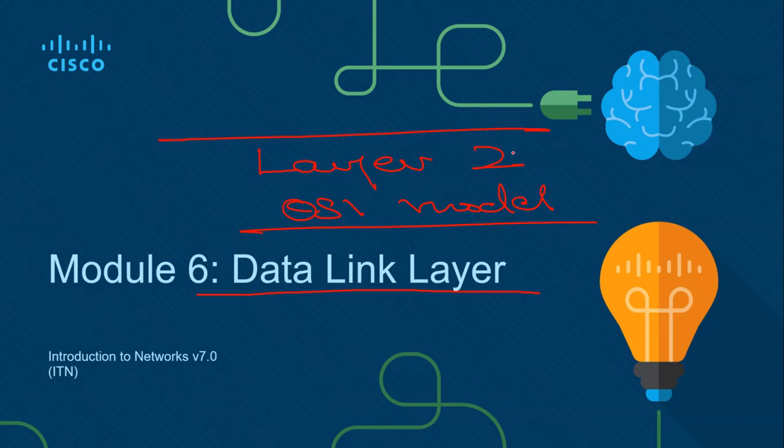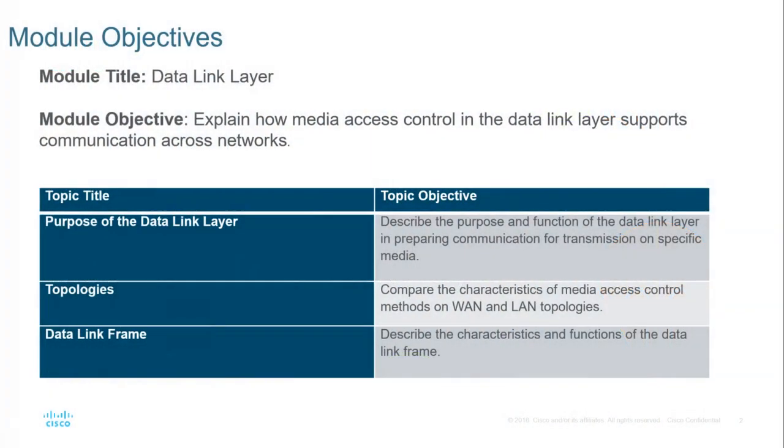Previously we looked at the physical layer, which was layer 1. Now this is layer 2, which is the data link layer under the OSI model. So the topics to cover: purpose of the data link layer, then topologies, data link.